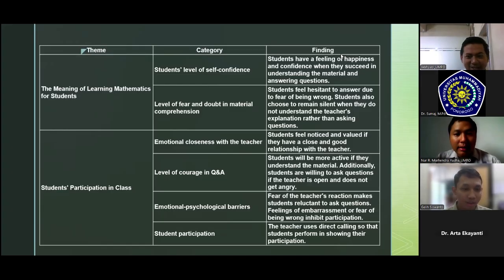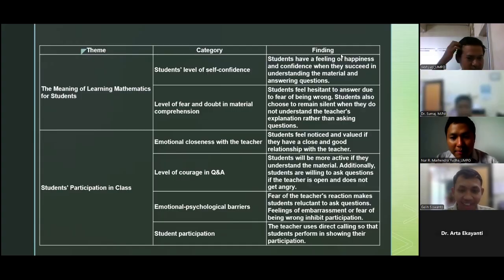The next category is emotional and psychological barriers. What we found is the fear of teachers' reaction makes the student reluctant to ask questions. Feelings of embarrassment or fear of being wrong inhibit participation.